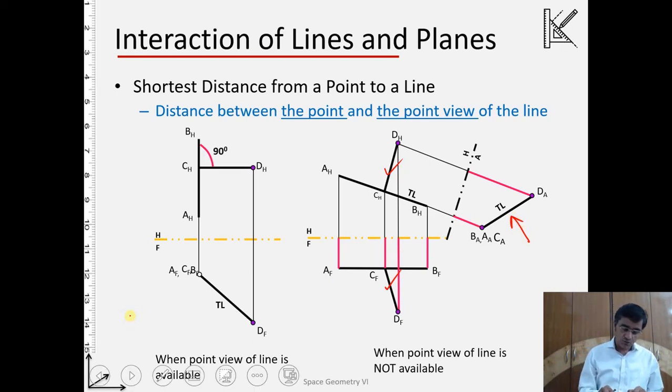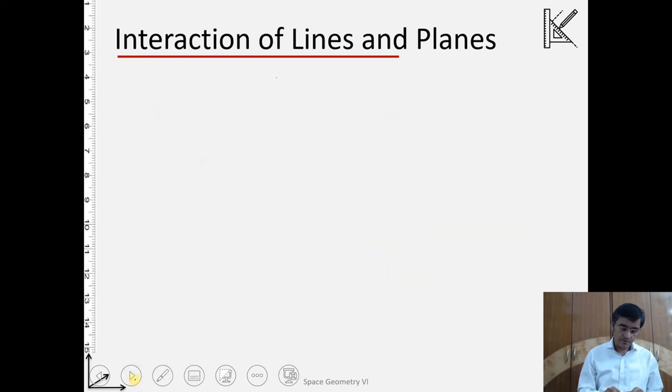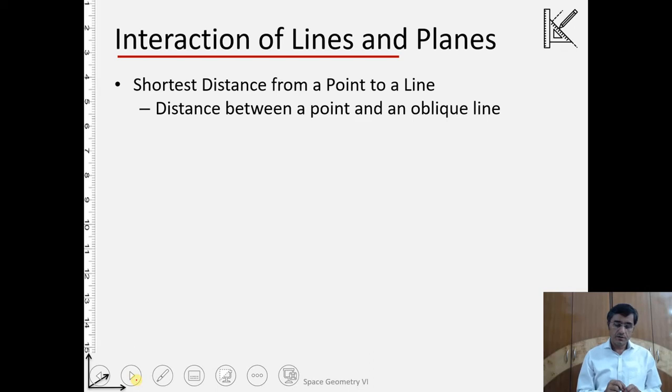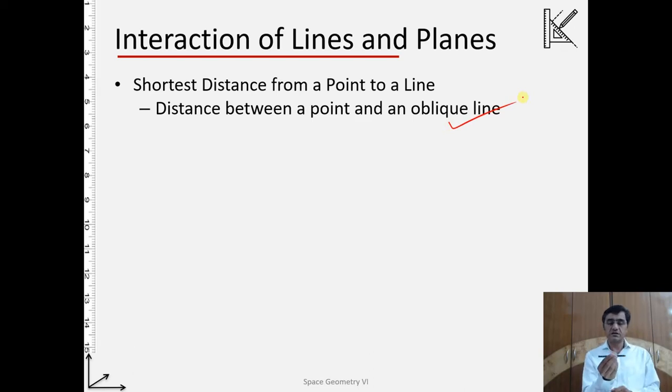Let's take it forward. Again, point to line, and in this case the line is an oblique line. In the earlier case the line was parallel to the horizontal plane, but it is not parallel anymore, rather it is an oblique line. So this line is not parallel to any of the principal planes, and let's handle it. Again, we will be using the same principle.